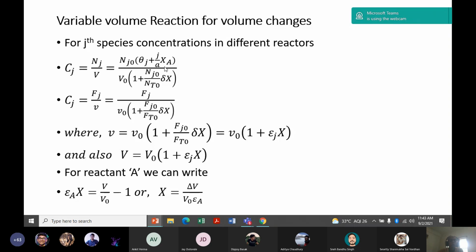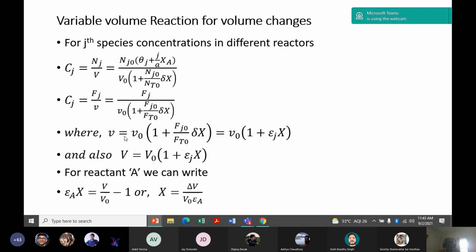For developing computer program, we can use the general form always, and we can vary the species J. And for flow reactors also Cj is given by similar expression where denominator is volumetric flow rate. But in case of batch reactor, denominator is volume of the reaction species left in the reactor.